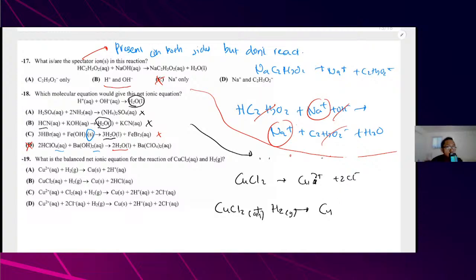I think it's not HCl actually. This one is a redox reaction.